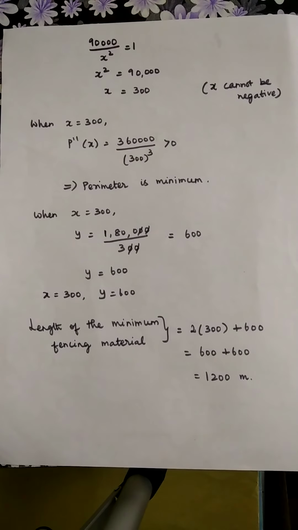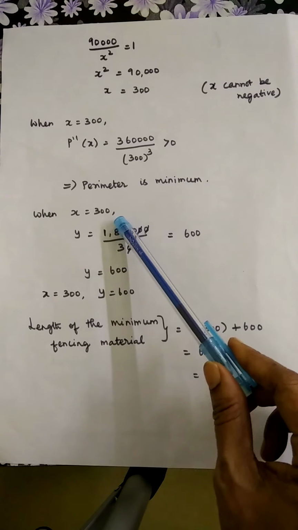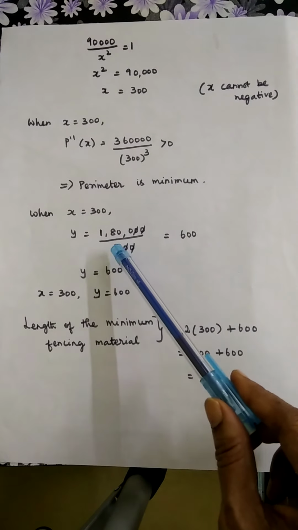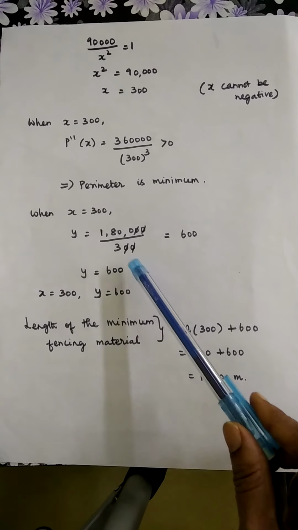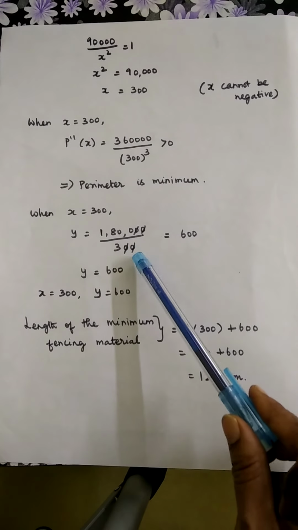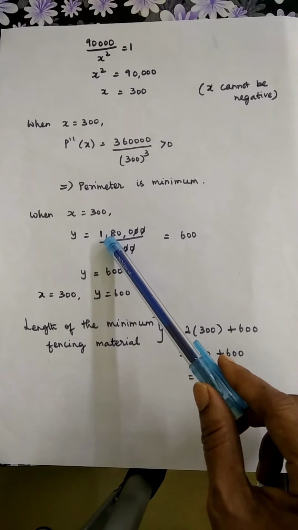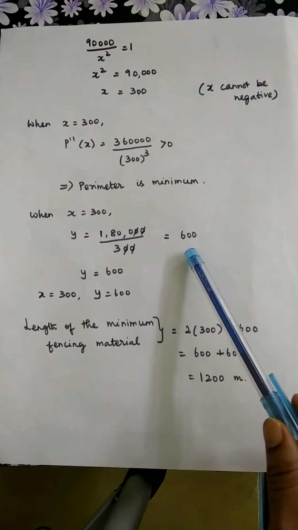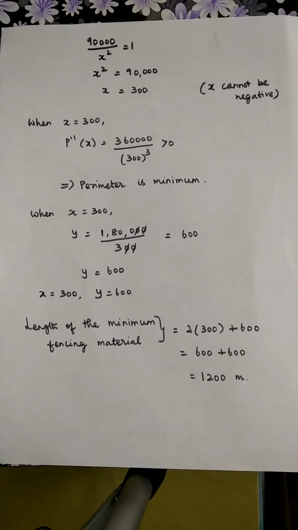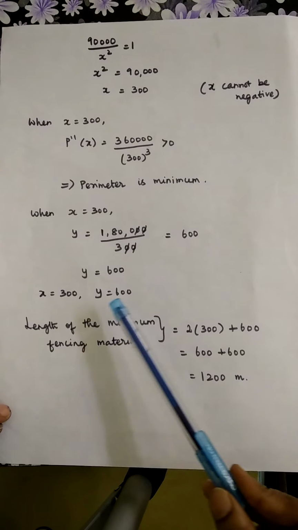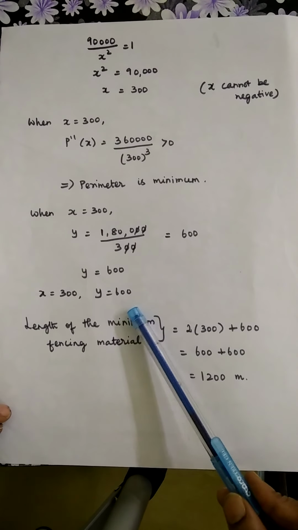Now to find the dimension, when x equal to 300, y equal to 1,80,000 divided by x 300. 2 0 cancel, 3 cancel with 18, 6 times 6 0 0, 600. Y equal to 600. X equal to 300, y equal to 600.